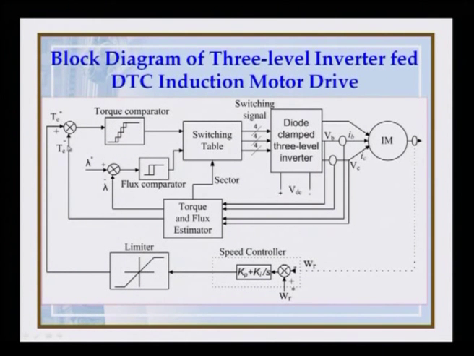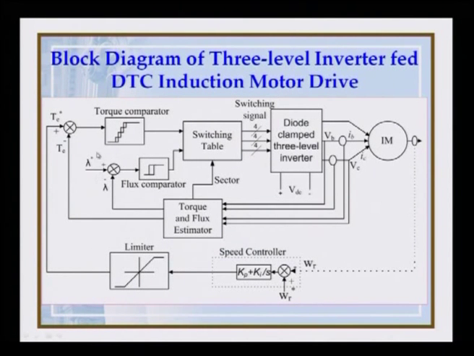So, if this actual torque is not the same as the reference torque, we get an error, and this is processed by a hysteresis comparator. This will give us the torque status, as you have in case of a DTC of a 2-level induction motor drive.